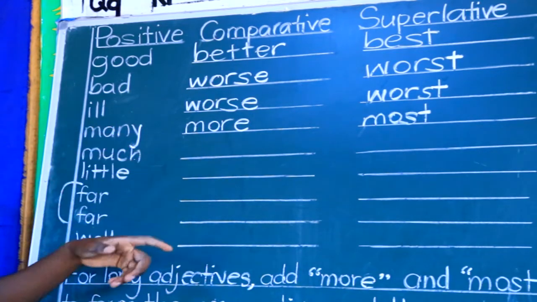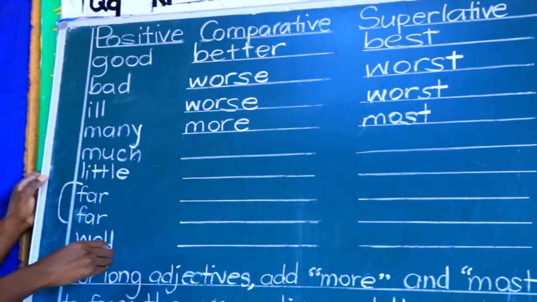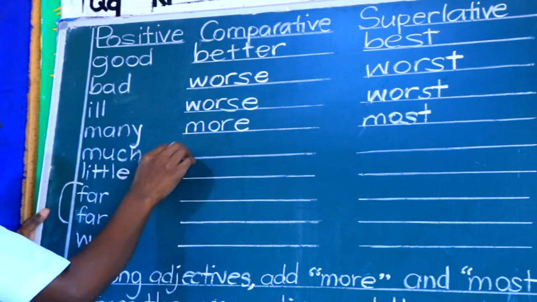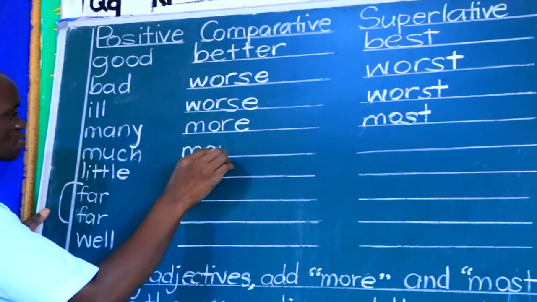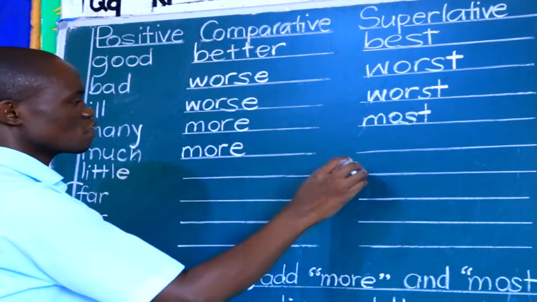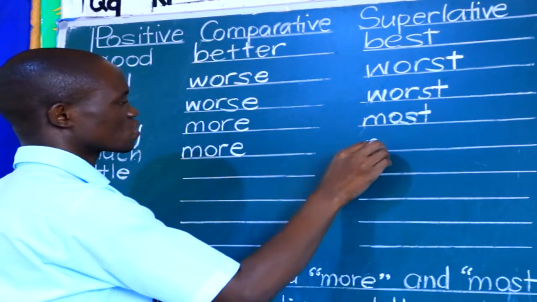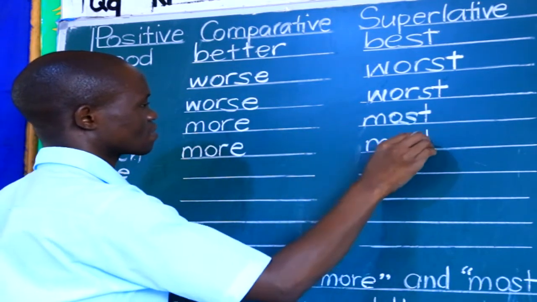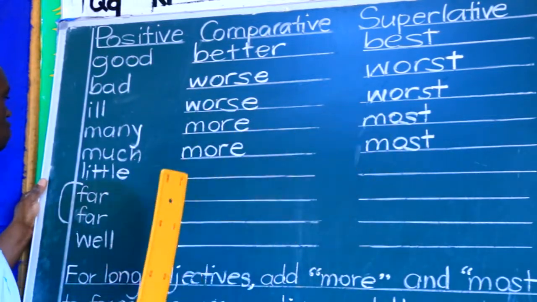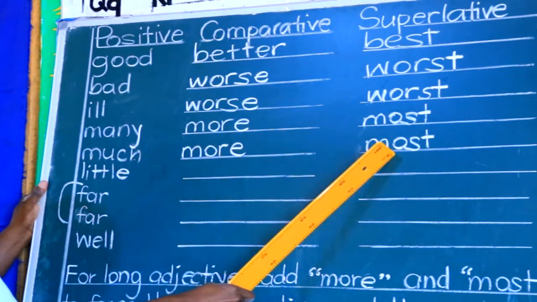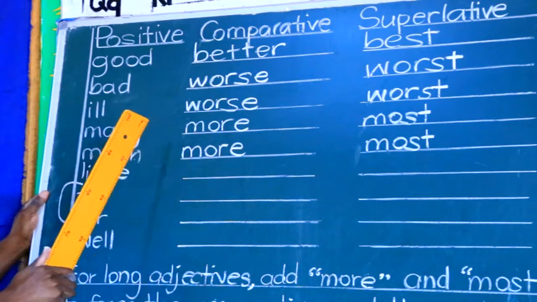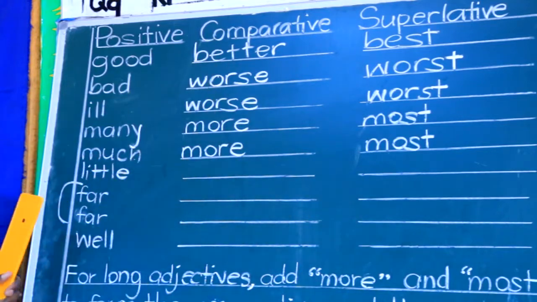With countable nouns, or things that you can count, you obviously use many before them. But the comparative of much is the same as that of many, and is more. The superlative, they share the same word, most. So you have many, more, most. Much, more, most. Much for uncountable nouns, many for countable nouns.